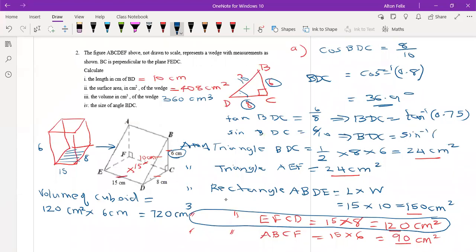Sine inverse of 0.6. So let's put in our 0.6. Sine inverse, the same 36.9.